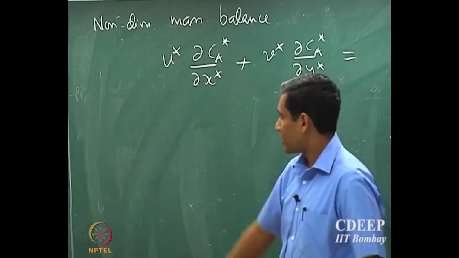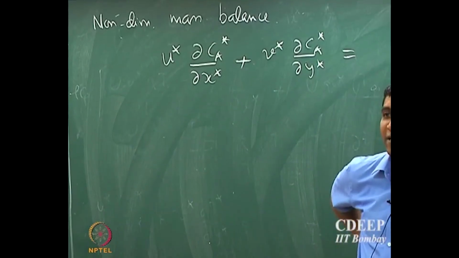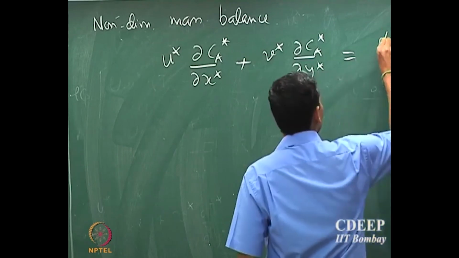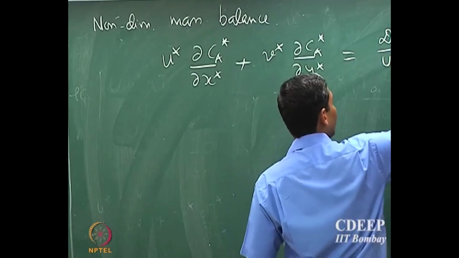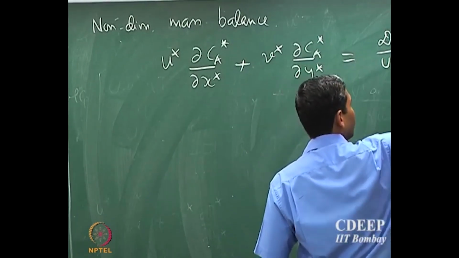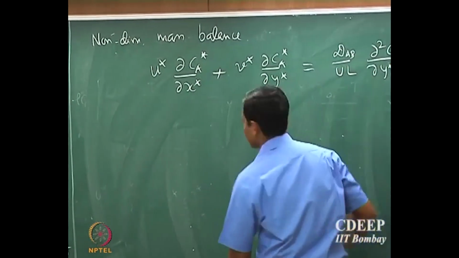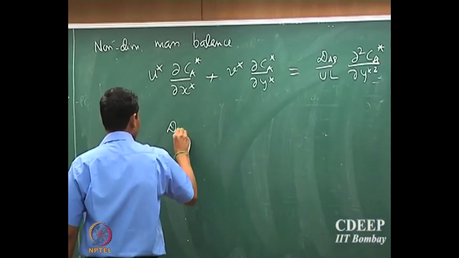Okay, let us not worry about Prandtl right now. So, instead of alpha it is mass diffusivity. So, that will be DAB divided by UL into d square CA star divided by dy star square. Okay. So, what is DAB by UL?